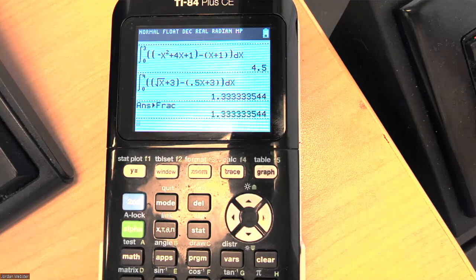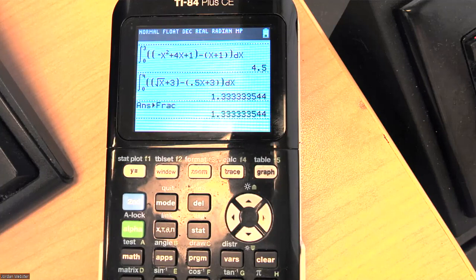It does integration essentially by doing approximations and better approximations. Like when you first learned what integration meant, you probably learned how to do some Riemann sums. That's kind of the process that the calculator is going through.